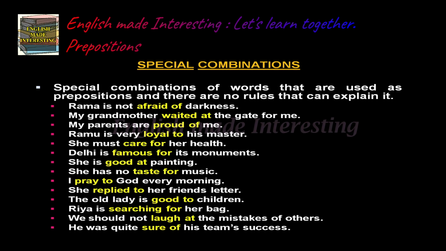My grandmother waited at the gate for me. Waited at. My parents are proud of me. Ramu is very loyal to his master. When you say loyal, you will have to add to along with it. She must care for her health. Care for. Delhi is famous for its monuments.